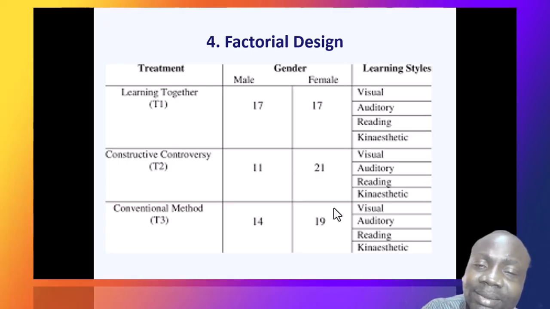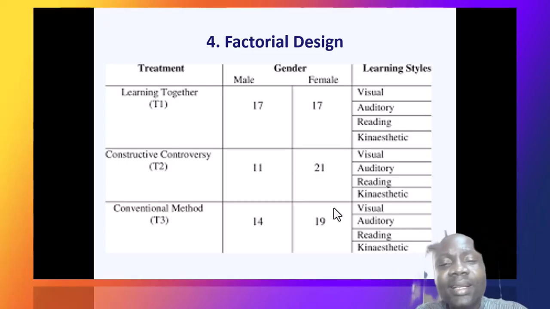The participants are students, and the students are male and female. The person doing this research also wants to check whether gender has an influence on the effect of the treatment. That means, do males benefit more than females, or females more than males? Then the person is also interested in the learning style of the participants.